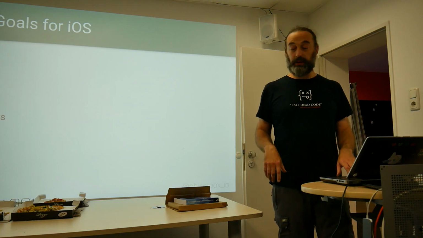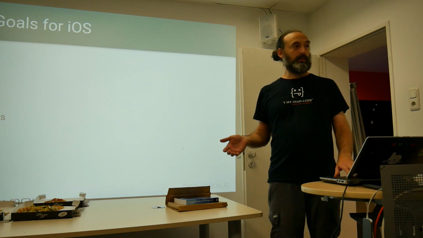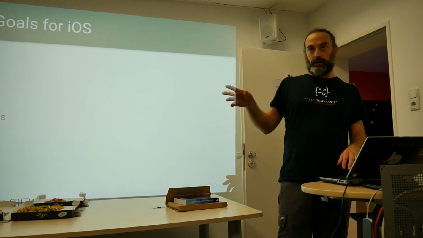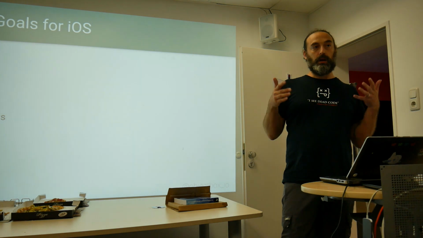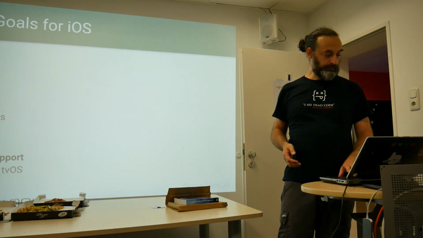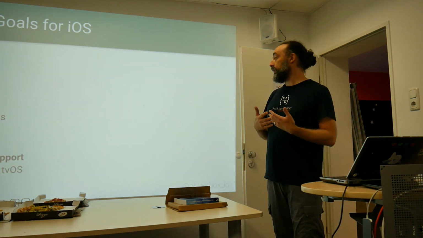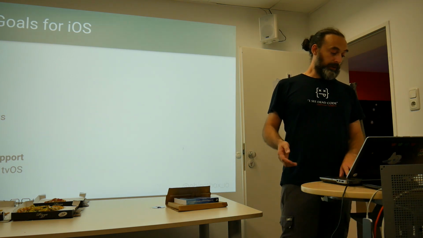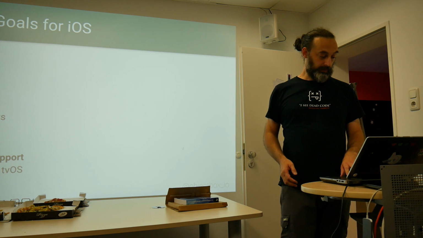And the major theme is also performance. So on Android and desktop, we're the fastest embedded database you can get. And we're also targeting not just iOS, but also macOS and all the others.